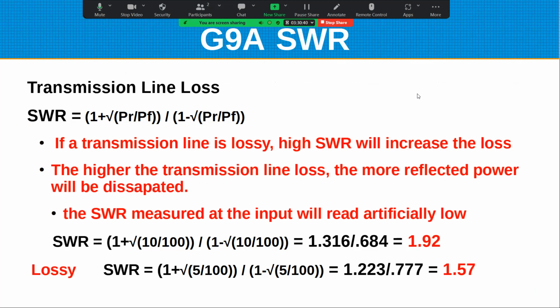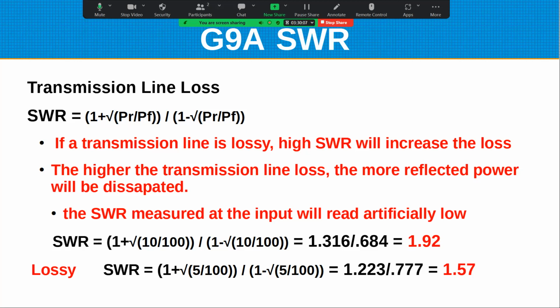Transmission line loss. There's the formula again for calculating SWR when you know the forward and reflected power. If the transmission line is lossy and you have a high SWR, it's going to increase the loss, because with a standing wave you have more reactive current through there than you would with a perfect match.